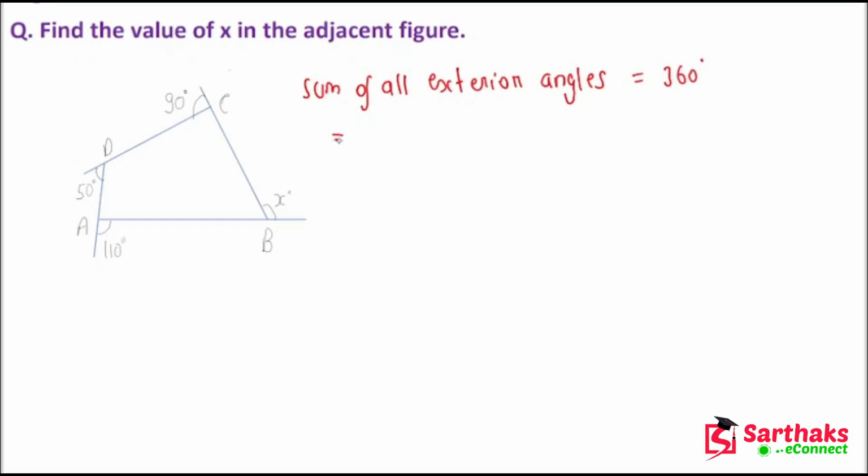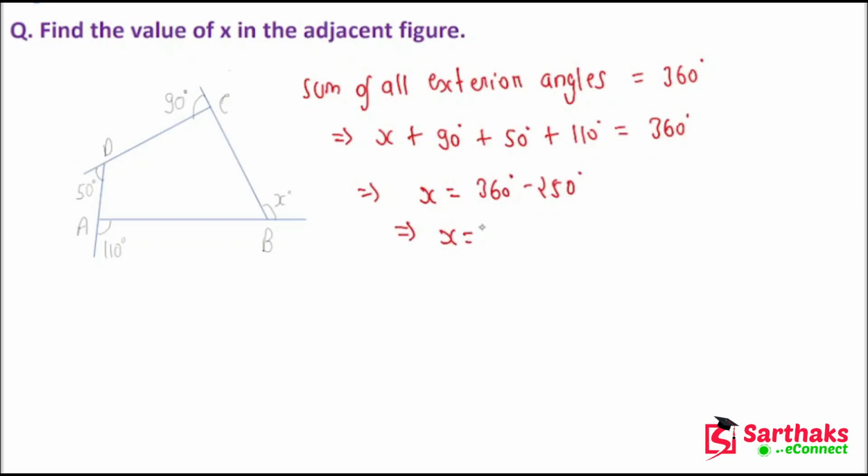360 degree, which implies that x plus 90 degree plus 50 degree plus 110 degree is equal to 360 degree, which simply says that x equals to, now 110 plus 90 plus 50 equals 250, so we would get 360 degree minus 250 degree, and we would get x equals to 110 degree.